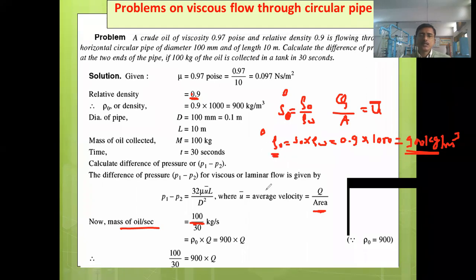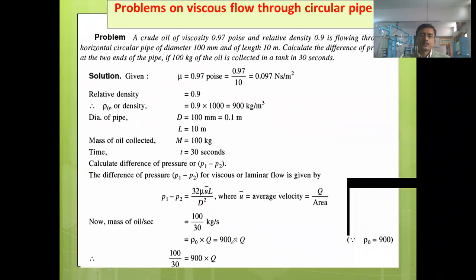Okay, and if I multiply the mass density of oil by discharge, then I will get this quantity, because mass density has the unit kg per meter cube and discharge has the unit meter cube per second. So it will get cancelled and you will get the unit kg per second. So this kg per second unit you will get here if you multiply the density by the discharge.